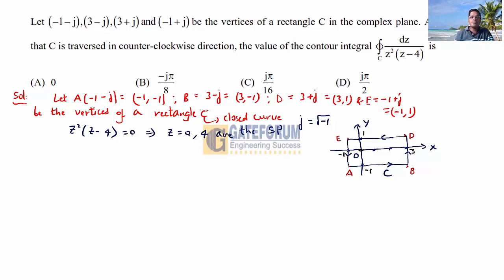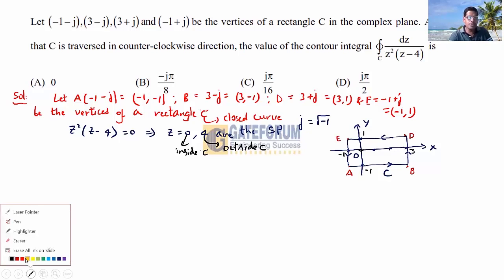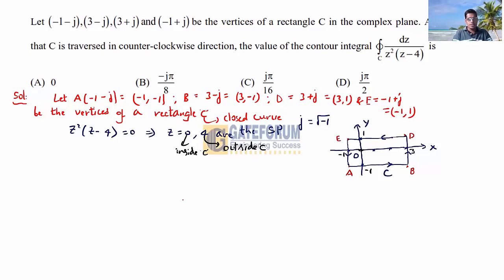So this is inside C, and this is outside C. So one point is inside C, the other point is outside C. This is a both-types problem: one is inside, the other is outside. Mixed case.